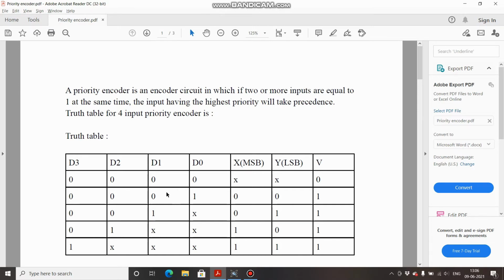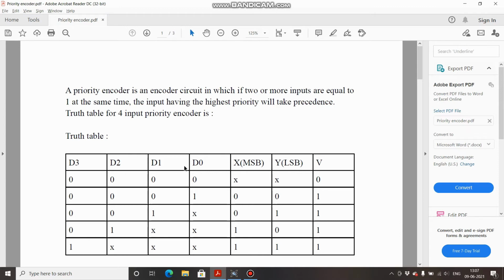Now the next case is D1 is high. This is a priority encoder, which means D1 is always going to have higher priority than D0. So the value of D0 should not matter, and that is the reason D0 is don't care. So that will be equal to 0 1, and again V is high. Same goes with D2.